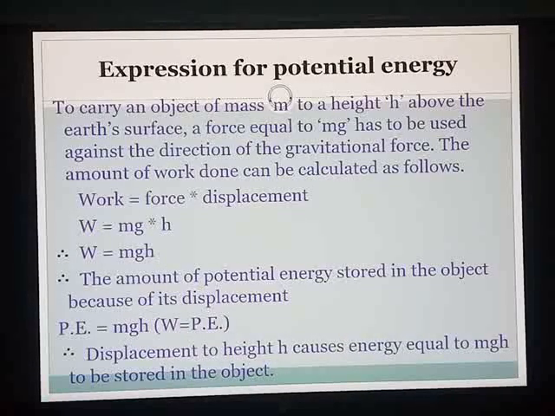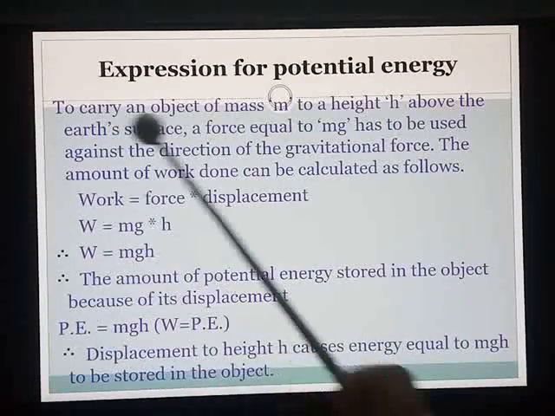Now this is similar to what we derived for our previous form of energy, that is kinetic energy. See, there the amount of work was done on the object which was put in motion, and here the amount of work is done on the object which is raised to a certain height. So here also in place of work you can write potential energy.